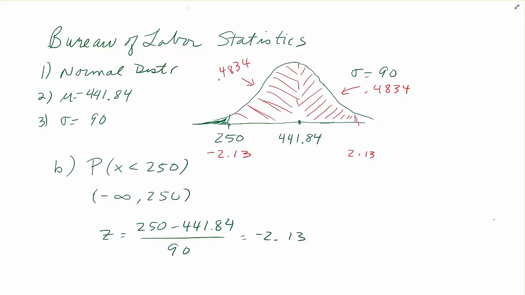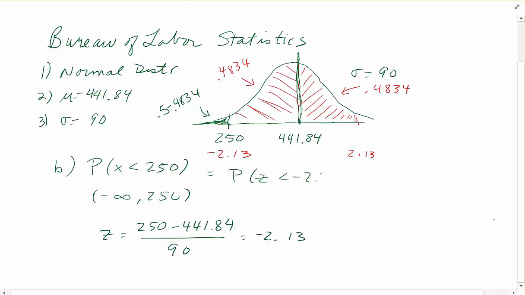So to get the area that I want, remember again that right down the center I got 50% probability on each side. So this piece that I want would be 0.5 subtract 0.4834. So I've got the probability that X is less than 250 is the probability that Z is less than negative 2.13, which is 0.5 subtract 0.4834, 0.0166.